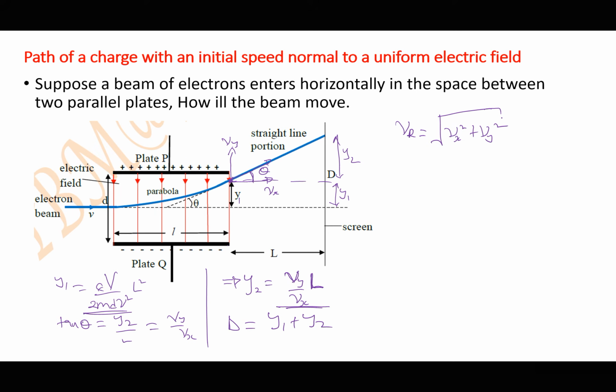So in conclusion, an electric charge moving through a uniform electric field follows what we call a parabolic path, or the path is a parabola. And the cathode ray tube is a practical example of the motion of electrons in an electric field in our everyday life.